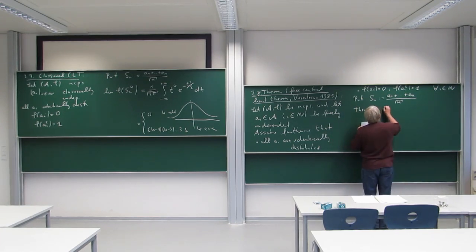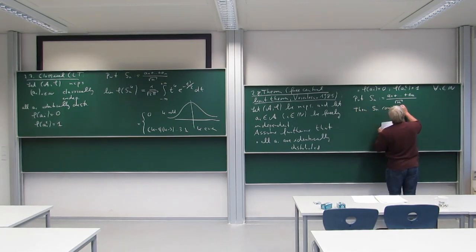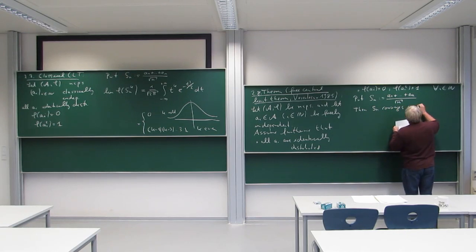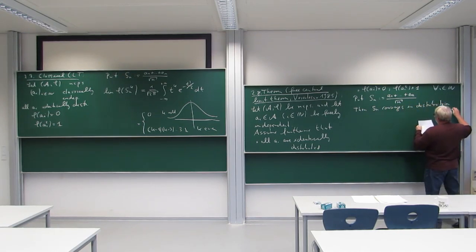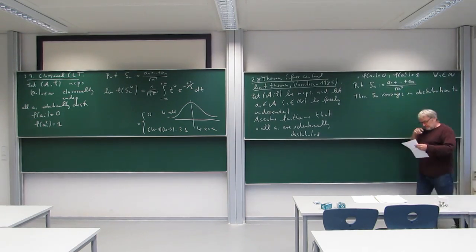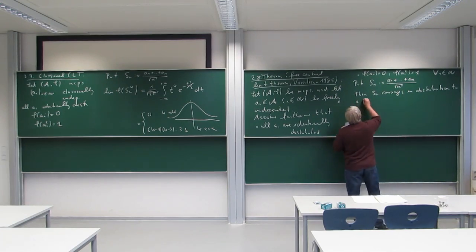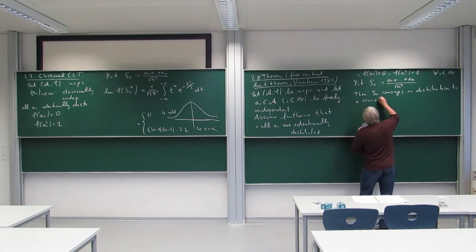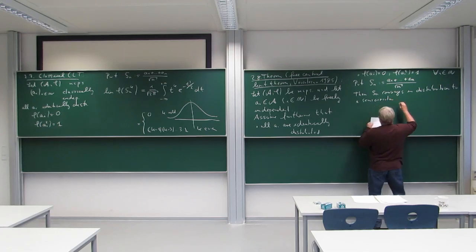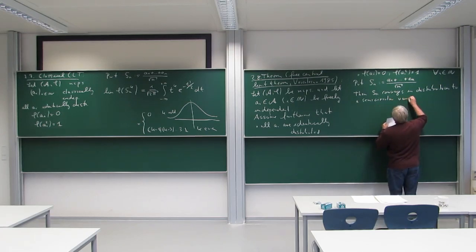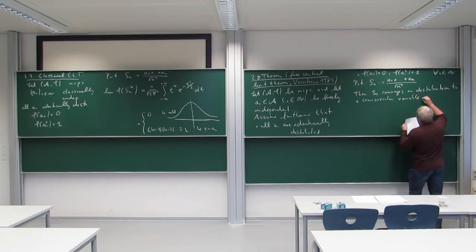S_n converges, again in distribution, to what we call a semicircular variable. What does this mean?